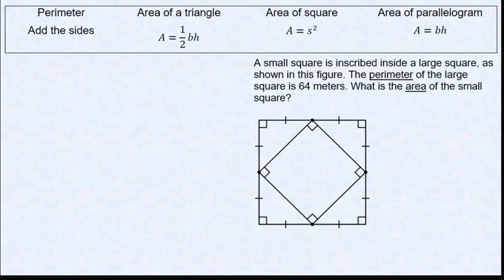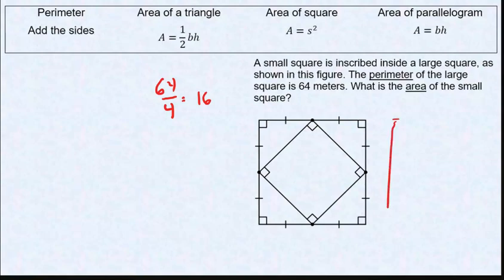That will not work with a rectangle or any other type of triangle or quadrilateral where the sides are not the same. Okay, so I could just take 64 and divide that by 4, which will give me 16.